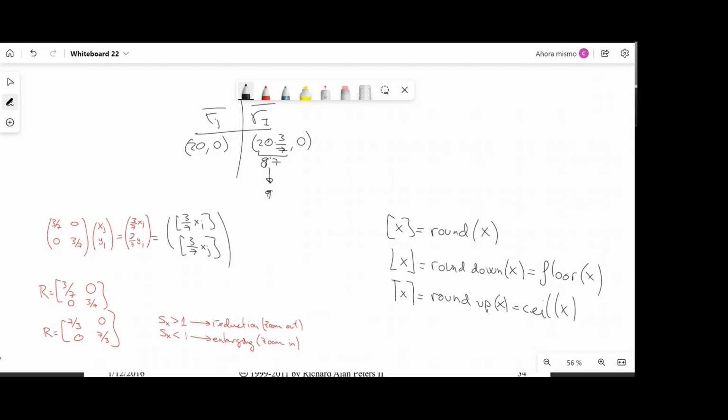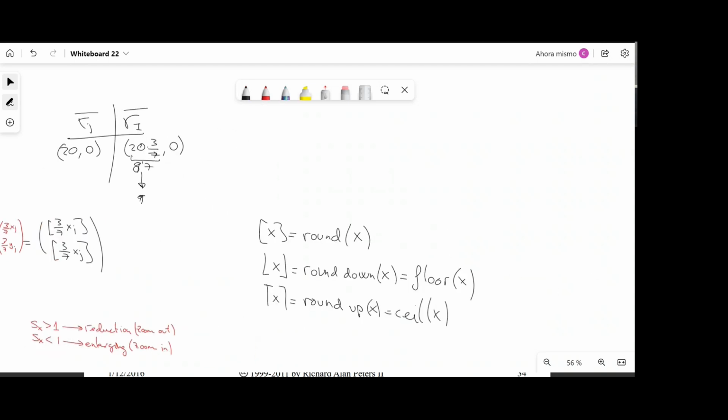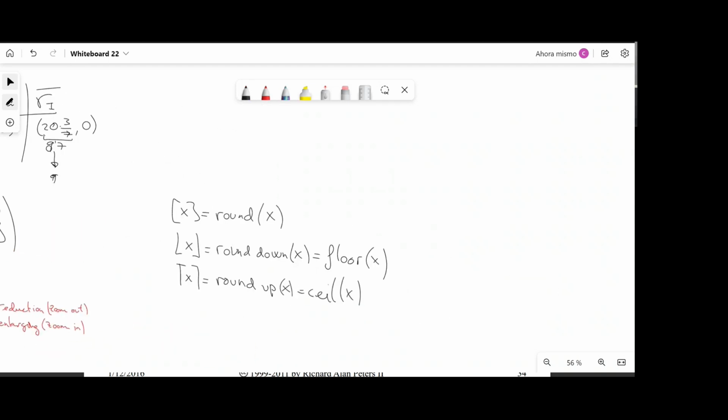Okay, so for instance, if you have 0.8, so 0.8 rounding is 1. If you round down, 0.8 is 0. And if you round up, this is 1. Okay, so nearest neighbor is this one.